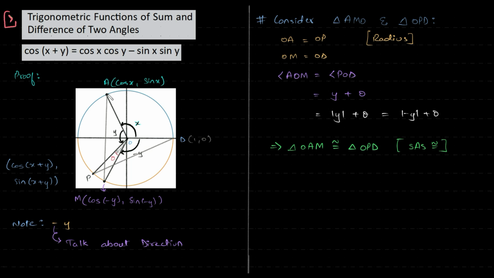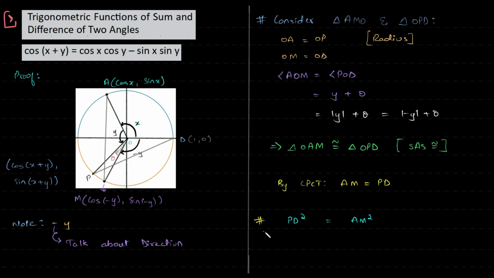You can tell that AM is equal to PD. So from this, by CPCT, AM is equal to PD. Okay, and now the next part. So with this in mind, we can square both the sides, like PD square is equal to AM square. I just flip the variables around, nothing else.